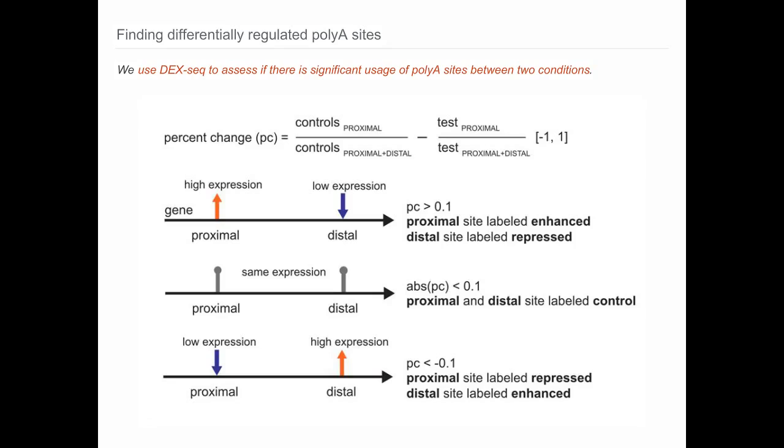And we classified genes in three categories. So genes where the proximal site is upregulated and the distal site is downregulated, genes where we have observed no significant change here in the middle, and then also genes where the proximal site is downregulated and the distal site is upregulated, talking in terms of control versus test always.